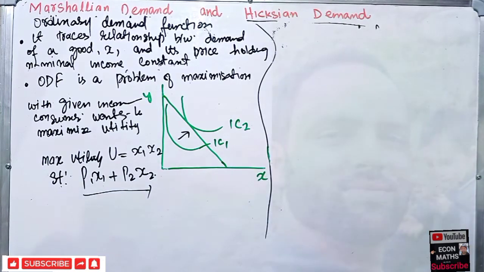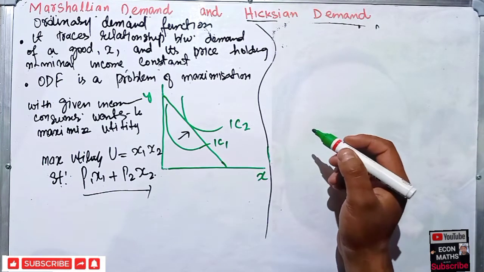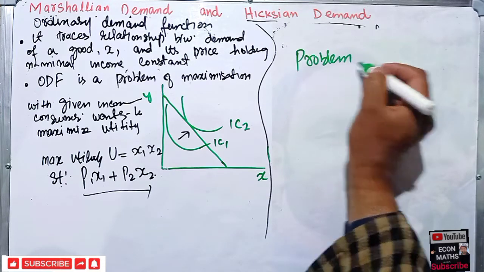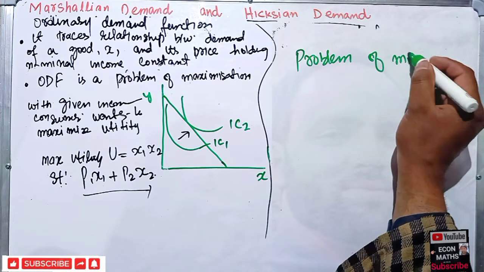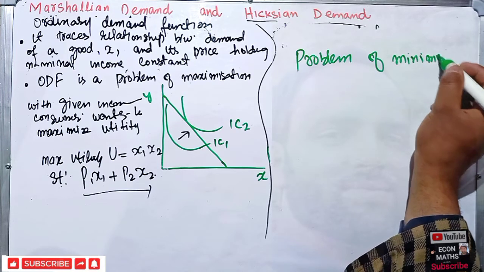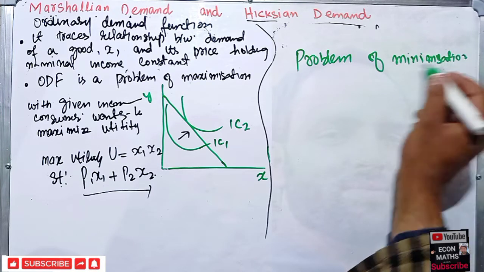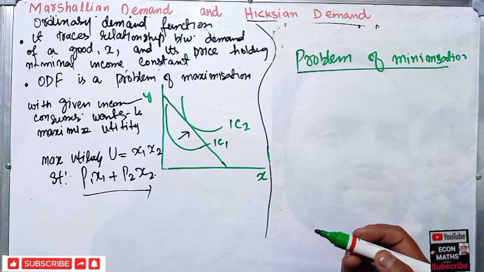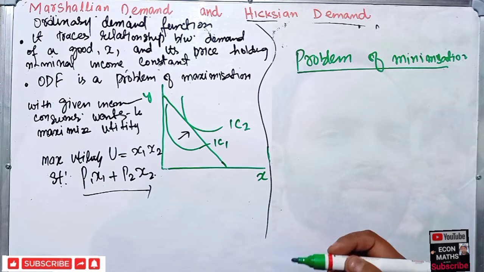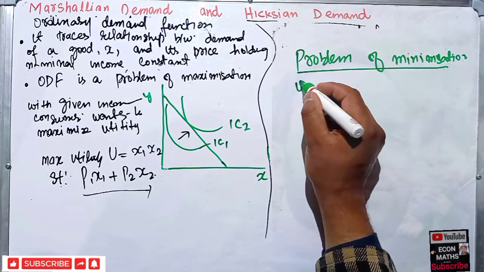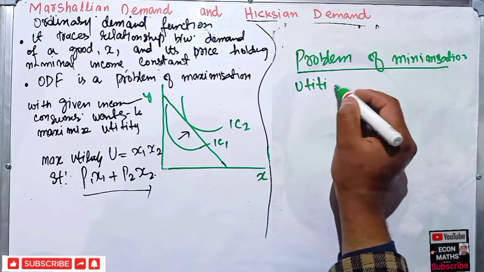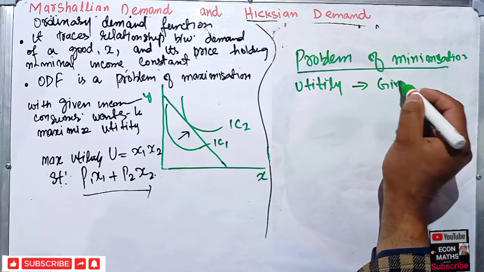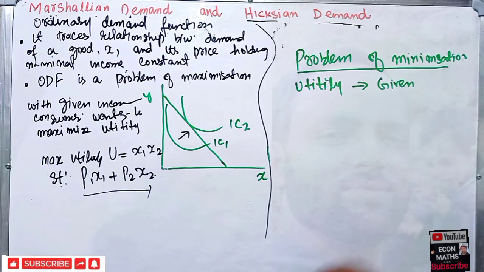So we can say that this compensated demand function is the case of minimization. This is the problem of minimization. What does this mean? By the problem of minimization, we mean utility is given, or utility remains the same.